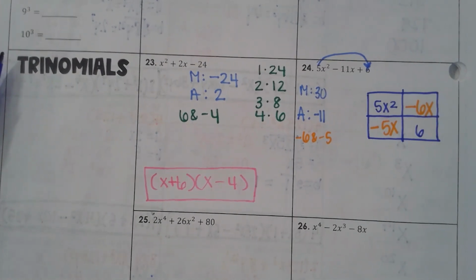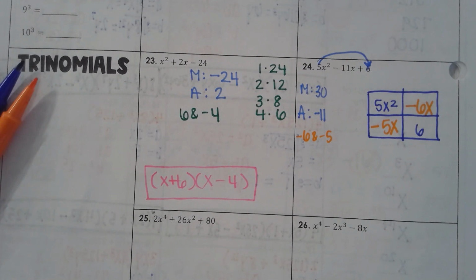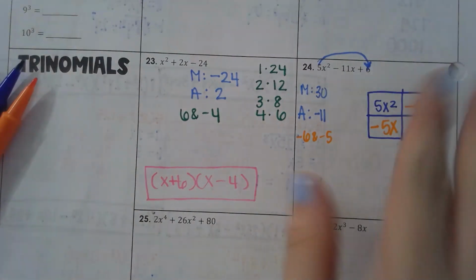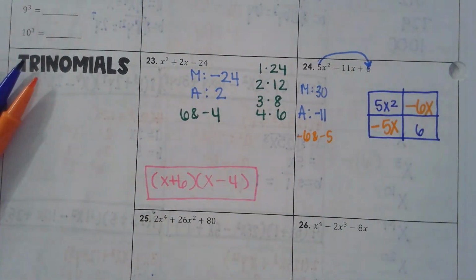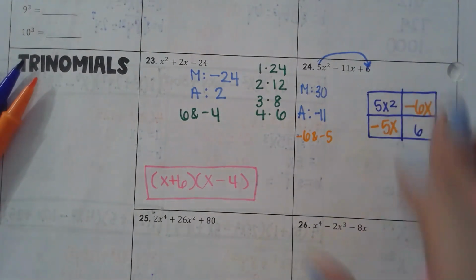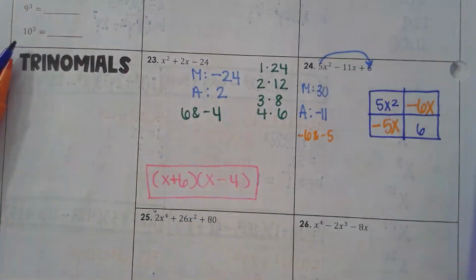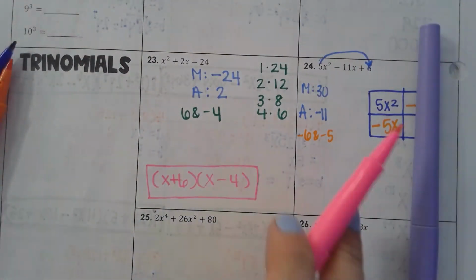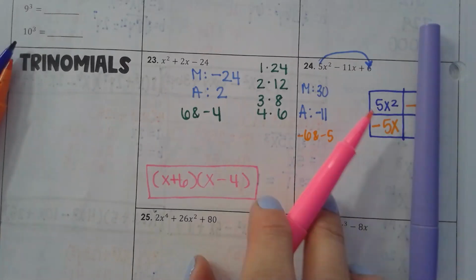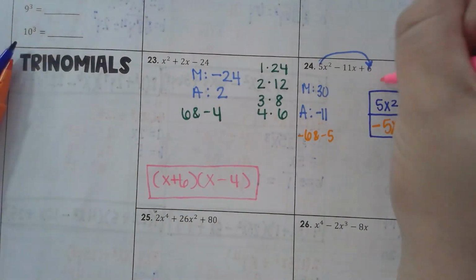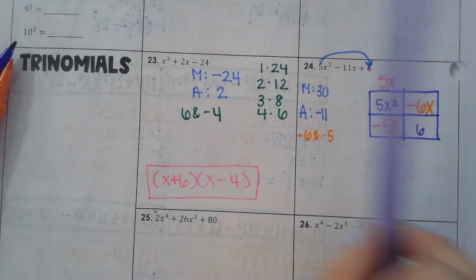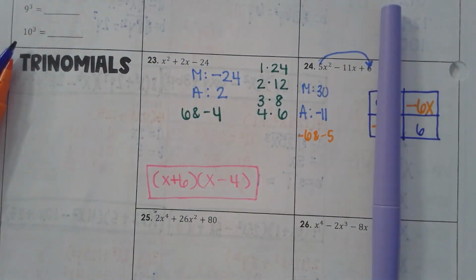And so then what we do, if you remember, we look at each column and each row and do the GCF. So if I look at the first column, my GCF would be 5x. The second column, you probably want to say 6.